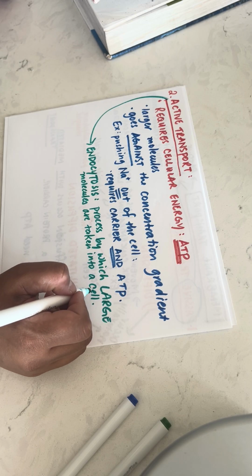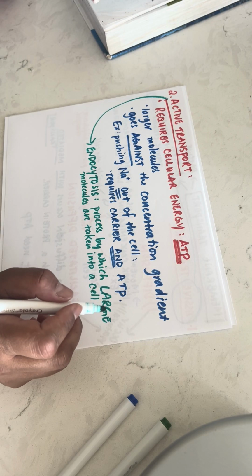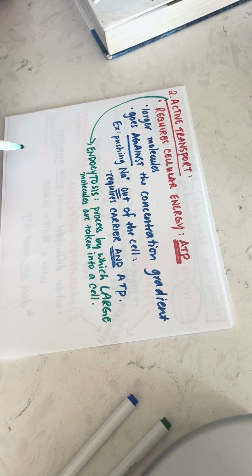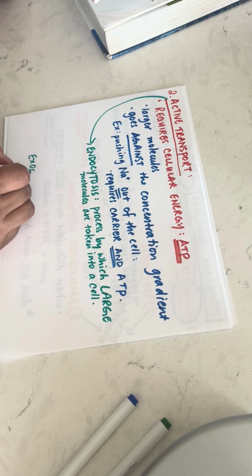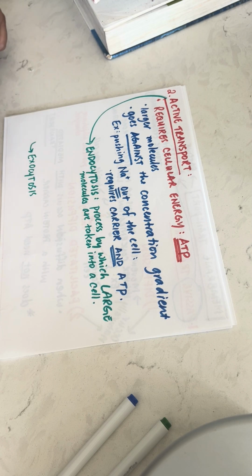Now, there are two ways this can occur. Actually, kind of three. But we're going to talk about endocytosis and exocytosis. I'll just put this here as a place marker. Let's talk about two things under endocytosis.